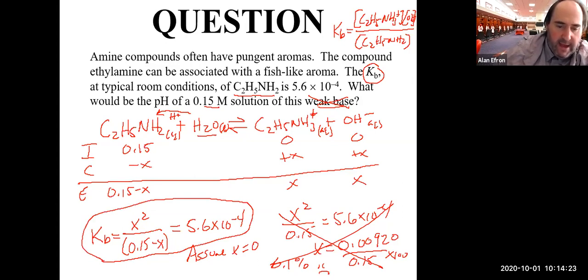So if we go back now and sort of distribute everything out, we will end up with multiplying the bottom to the other side. x squared equals 0.1234 minus 5.6 times 10 to the minus 4 x.